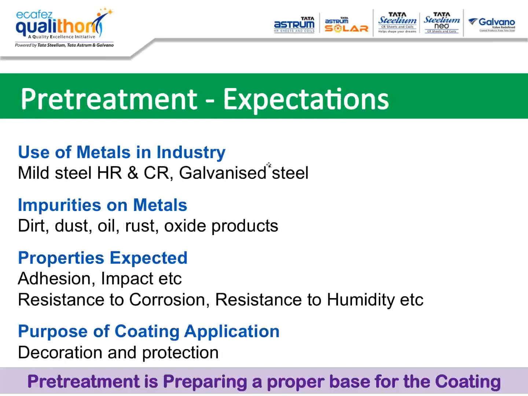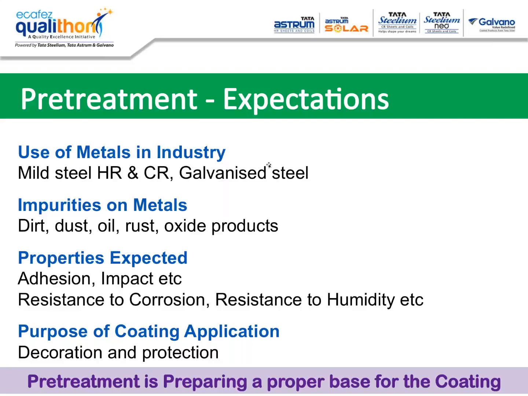What are the expectations from pre-treatment? The metals used in the industries are majorly mild steel in the form of HR, or mild steel in the form of CR, that is cold rolled, and galvanized steels. Impurities on metals are dust, dirt, oil, rust and oxide products.